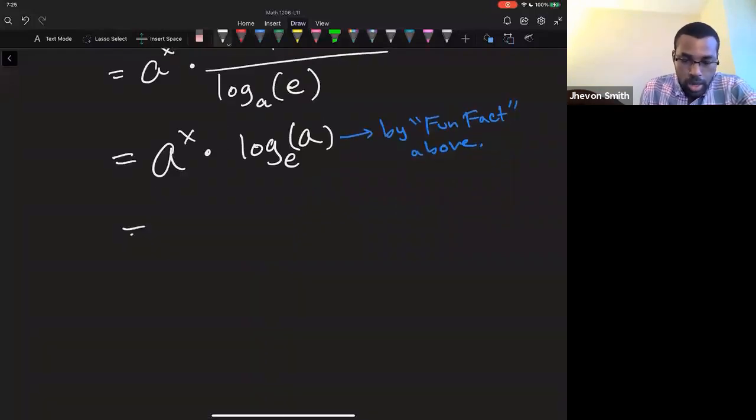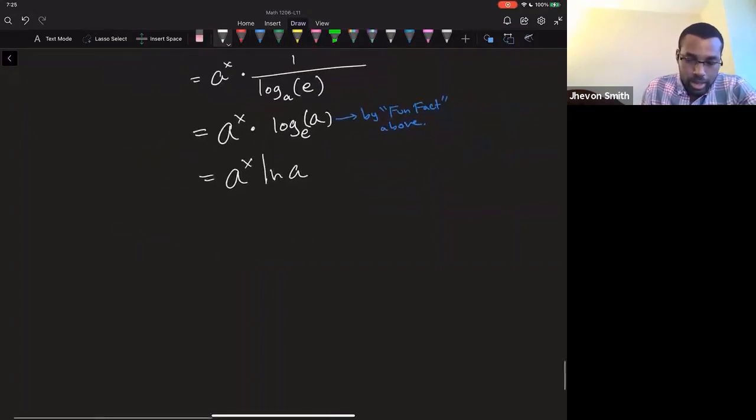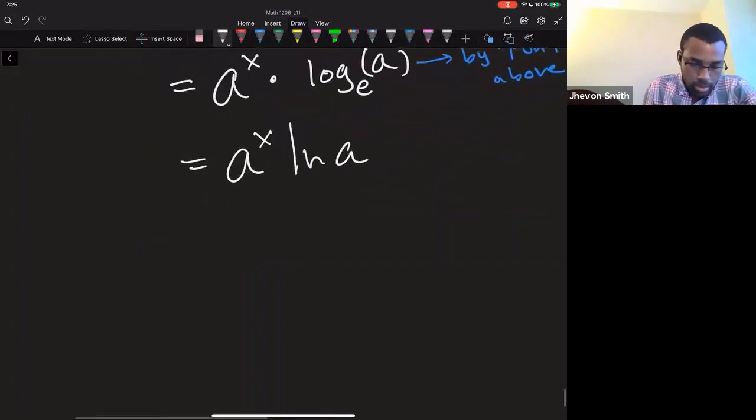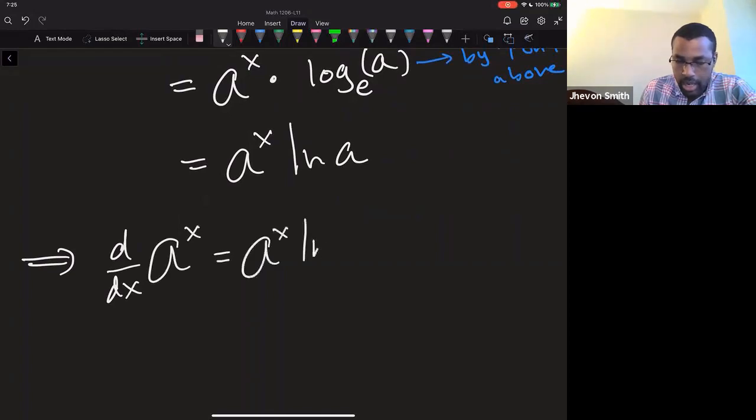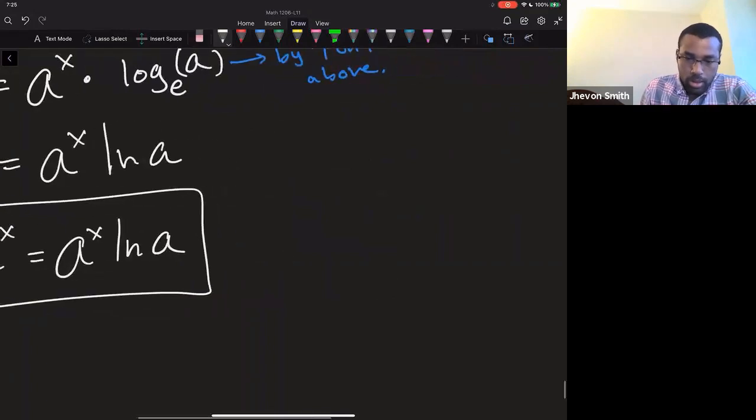Log to the base e, we know what that is. That is ln. And finally, we get this rule. The derivative of a to the x is a to the x ln a. This is just something we'll memorize now. We'll never do this again, remember.